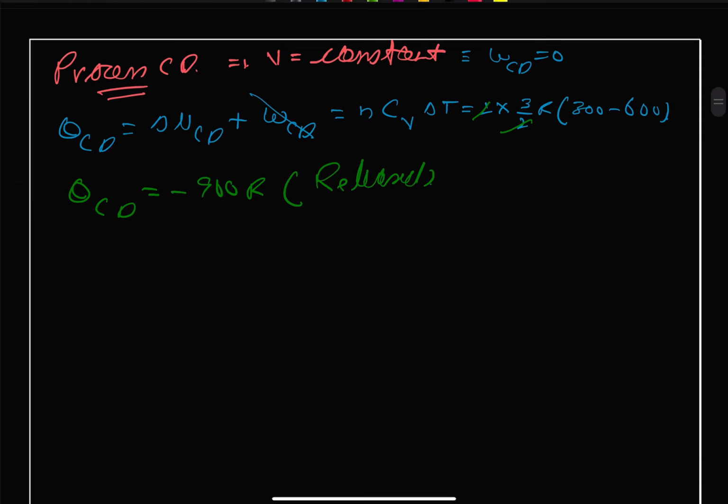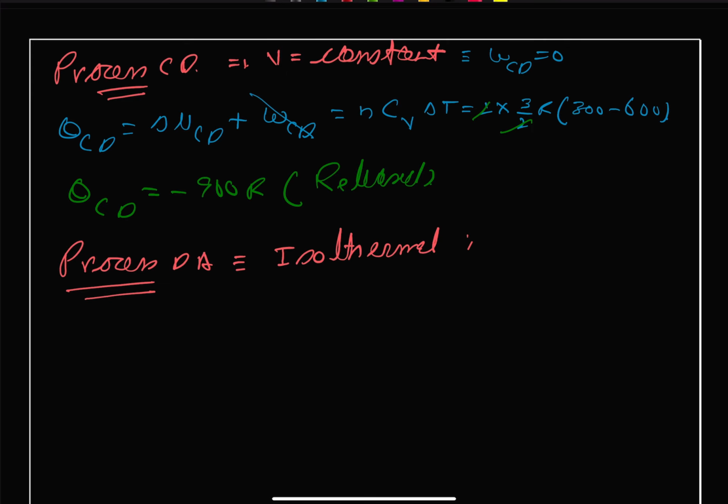Now we come to the process DA. In the process DA, once again our temperature is constant, so this is isothermal, and for isothermal we know that our change in internal energy is equal to 0.